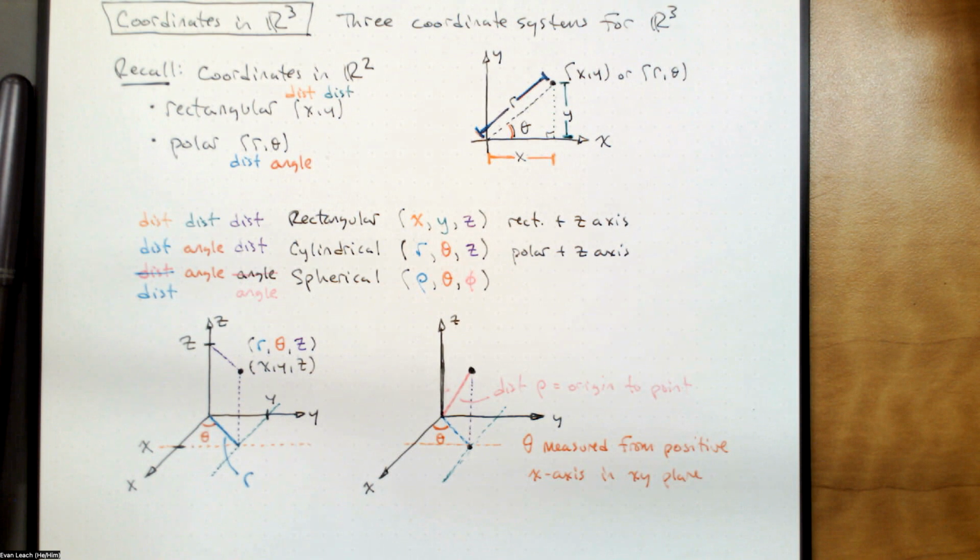That is the same angle that we have in polar coordinates to describe the floor. It's the same angle that we have in cylindrical coordinates. The other angle that we use in spherical coordinates is phi, and phi is measured from the positive z-axis.